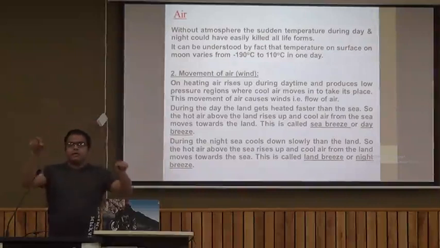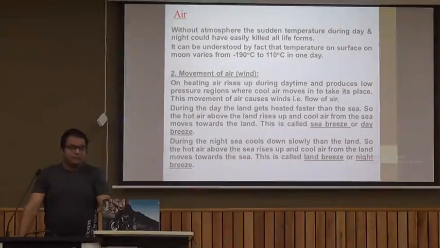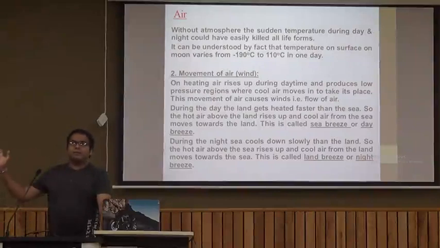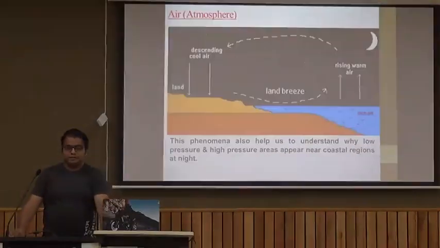And when this cycle is repeated, it creates a wind, a movement, which maintains the temperature on land during day and night. Because of this current, we feel the cool wind coming from the rivers, from the seas during day, and we also feel the warm breeze coming from the same water body during night.